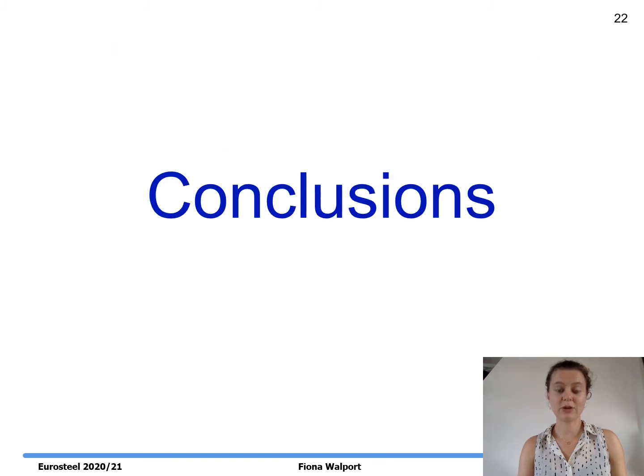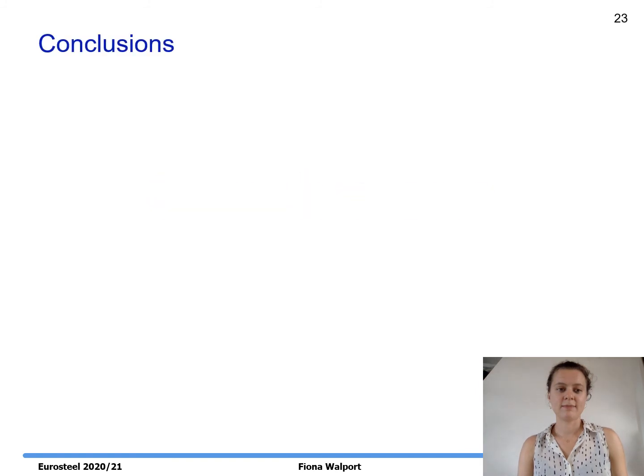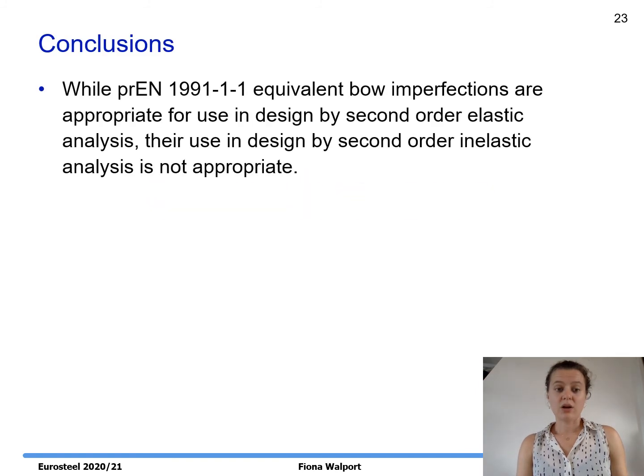So now for some conclusions. While the revised provisions for equivalent bow imperfections in the upcoming Eurocode 3 Part 1 are appropriate for use in design by second order elastic analysis, their use in design by second order inelastic analysis is not appropriate.